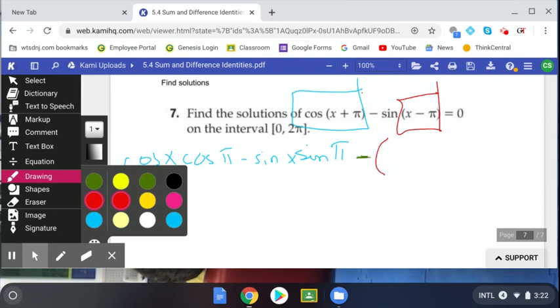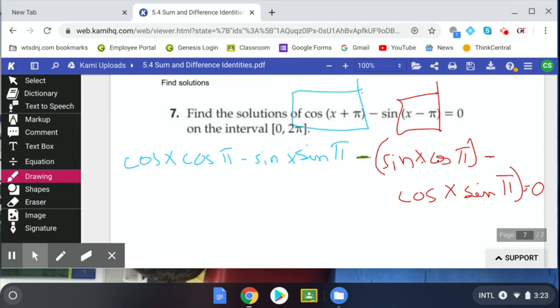So it's going to be sine of the first, cosine of the second, minus cosine of the first, sine of the second, equals 0. All right, so now I can start evaluating.